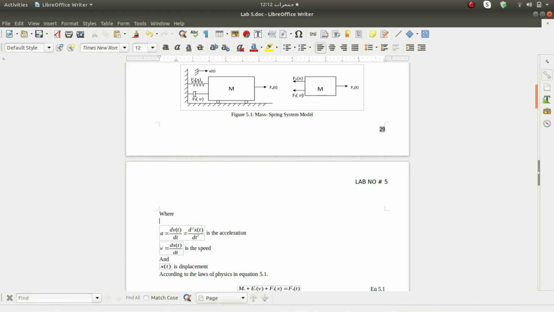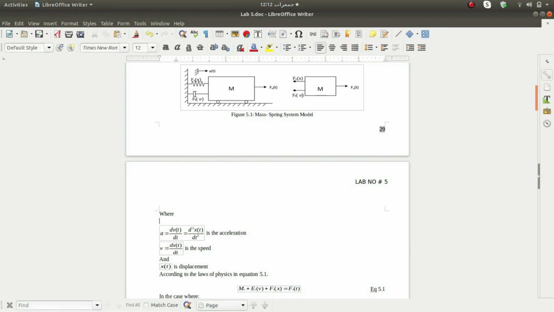Velocity is equal to the rate of change of displacement. So I can write v equals the first derivative, which is the rate of change of displacement, and acceleration is equal to the rate of change of velocity. If we would like to convert this acceleration into the displacement form, we have to take its double derivative.